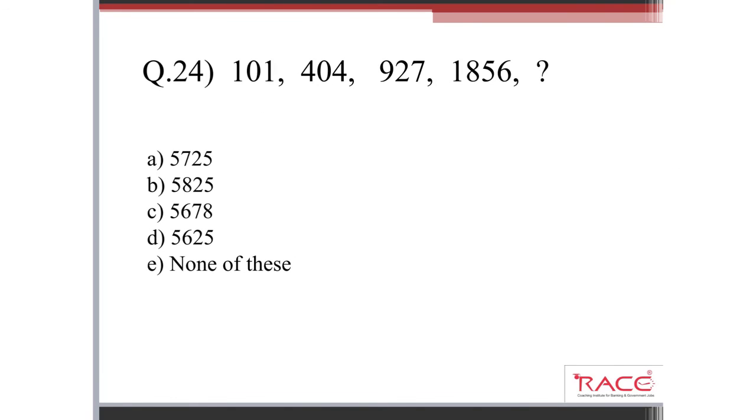So next is question number 24, and this is a tricky question. So let's learn how to solve this. So this is very near to 10 square, that is 100 plus 1. Next 20 square, that is equal to 400 plus 4.